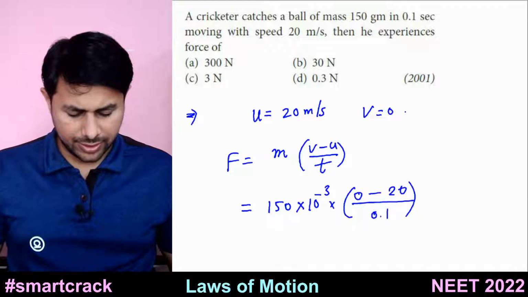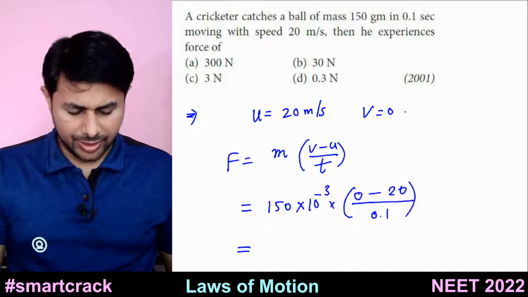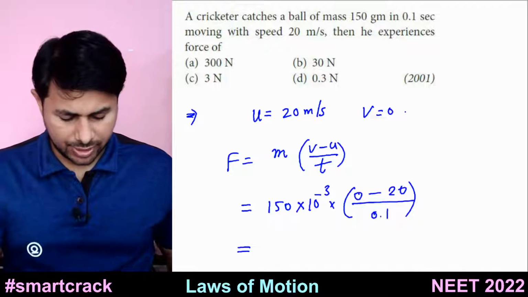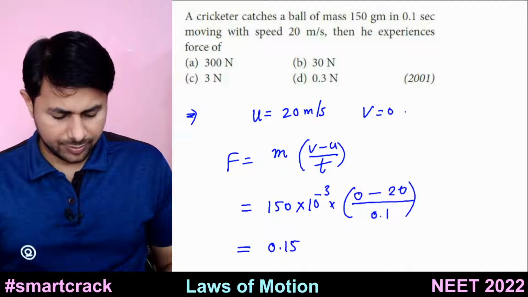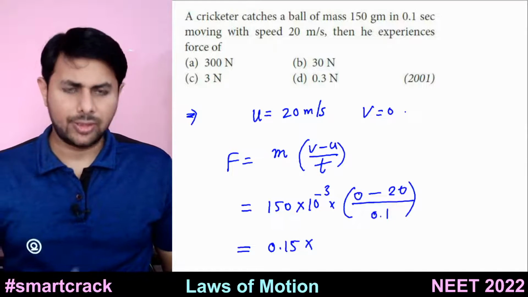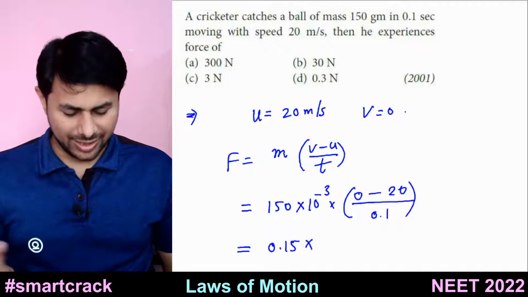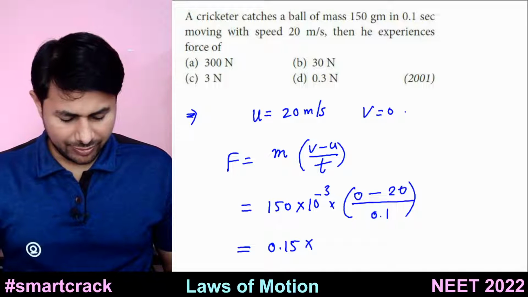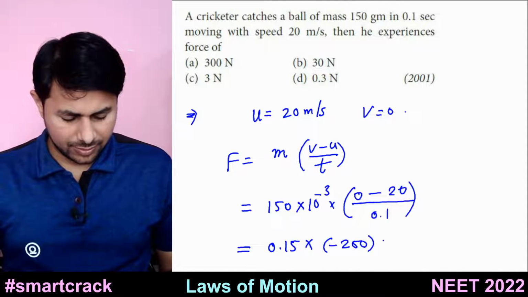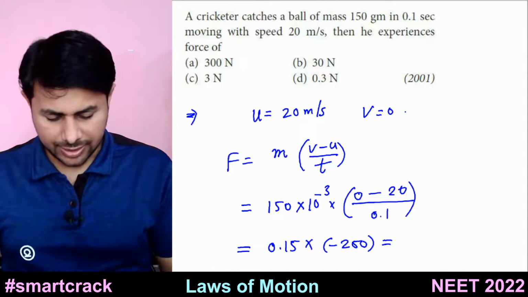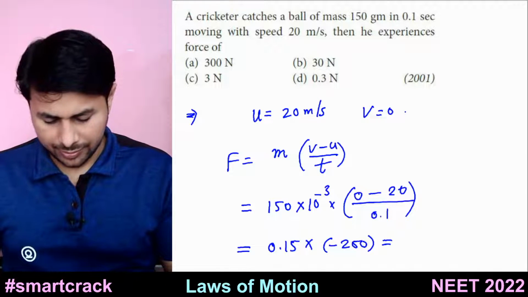So let's calculate it. It will be 150 into 10 raised to minus 3, so this will be 0.15 multiplied by 20 upon 0.1. It will be 200. Okay, and we have this negative sign, but it doesn't matter since we are just asked about the magnitude.